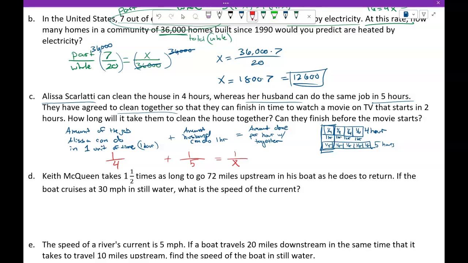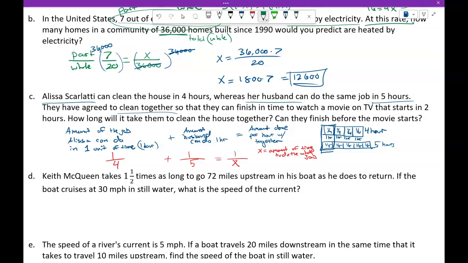So within 1 hour, Alyssa can do 1/4. Within 1 hour, John can do 1/5. And then we can find how much they get done together. And X represents the amount of time to do the whole job. And that's the beauty of this setup. Once we solve for X, we know the amount of time.